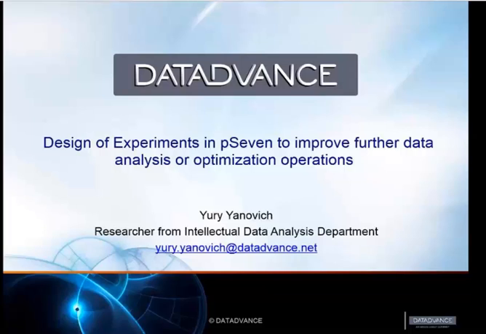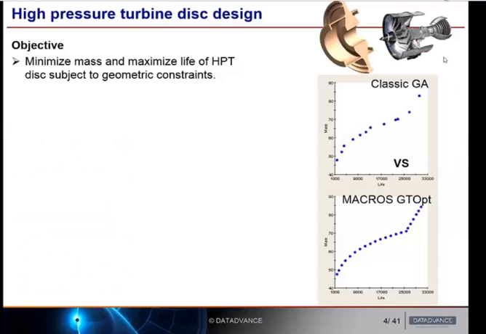Well, the next example is about high-pressure turbine disk design. You may see the picture of this tool on the right. And here the problem is again to minimize mass and also to maximize life of such disk. This is subject to some geometrical and also strength constraints and some other constraints.